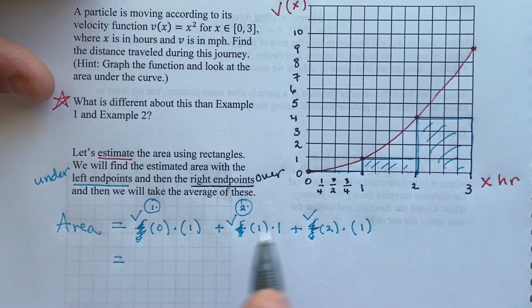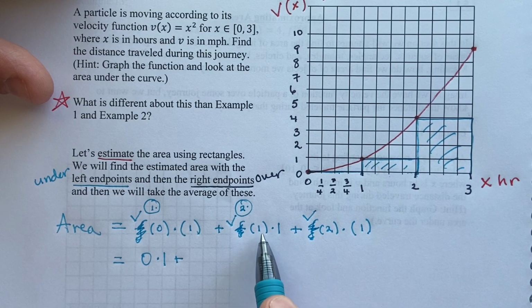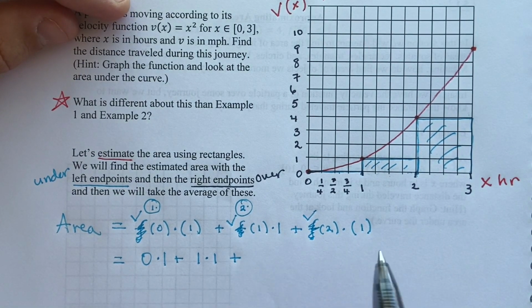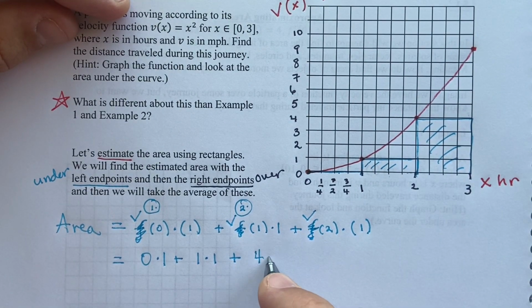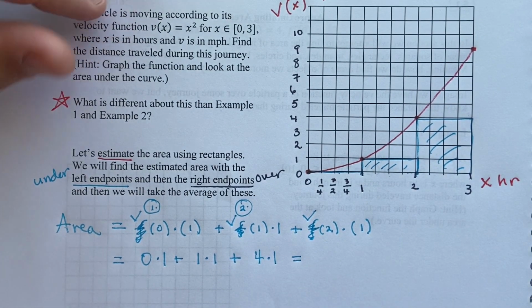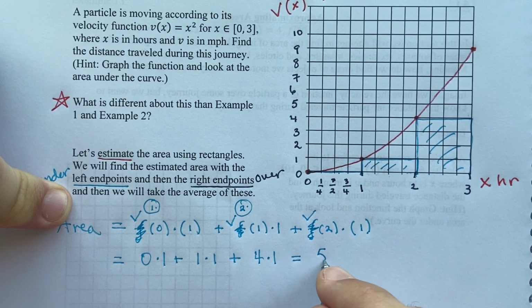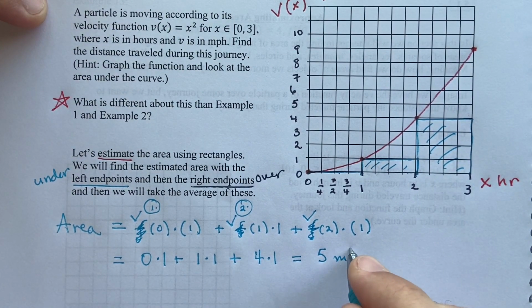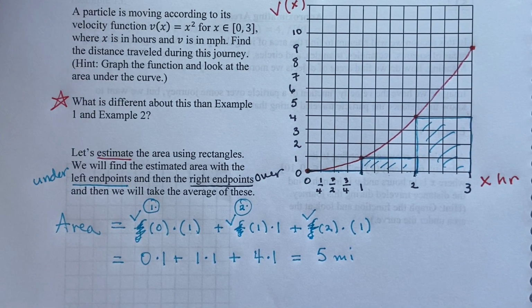So v of 0 is 0 times 1 plus v of 1 is 1 times 1 plus v of 2 is 4 times 1. So our underestimate, we have 0 plus 1 plus 4, so we have 5. And that would be miles, since those are areas, again, under a velocity curve.